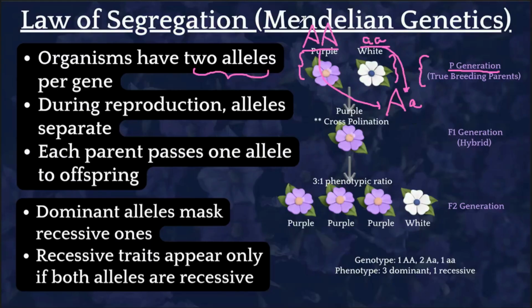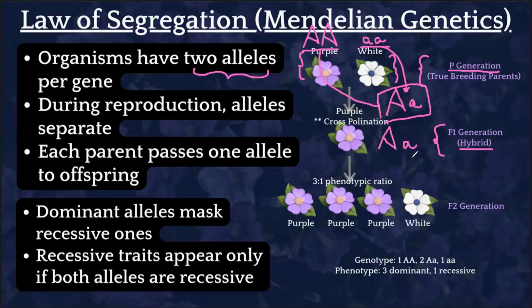So this parent can give only one of its big A's, and this parent can only give one of its little a's. Each parent passes one allele to the offspring in the F1 generation, which we call the hybrid generation. This hybrid generation ends up all being heterozygous, so big A, little a.